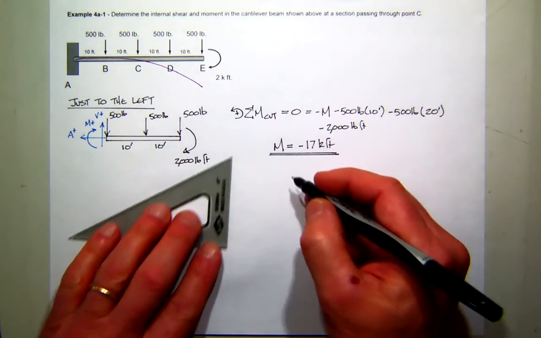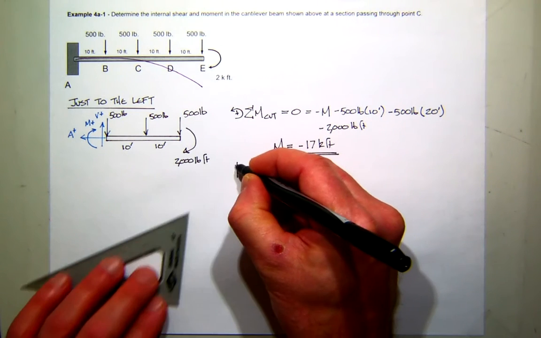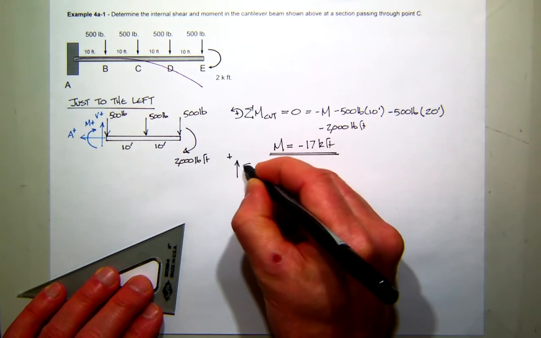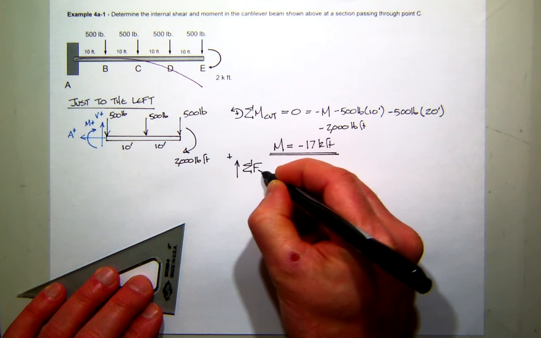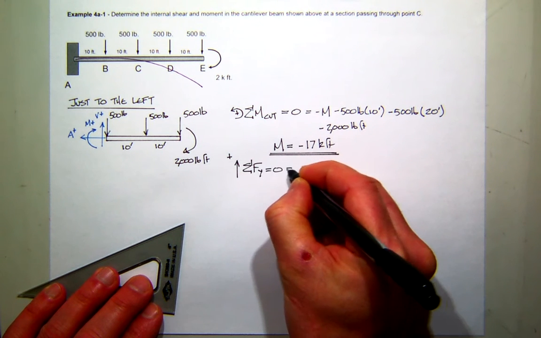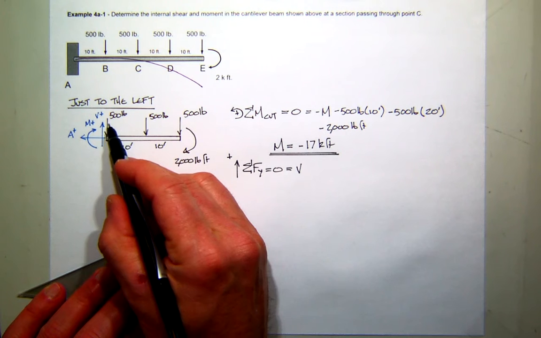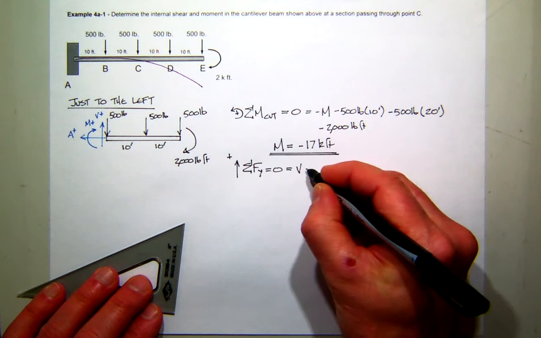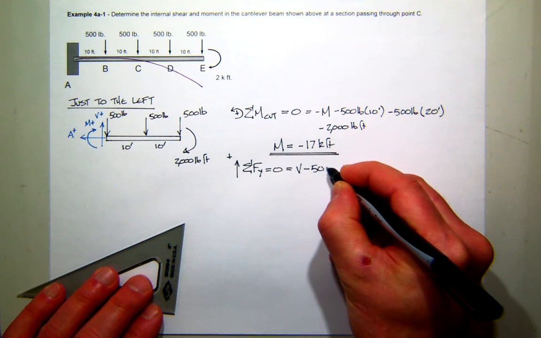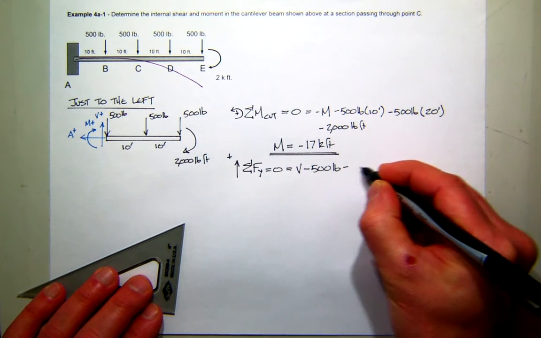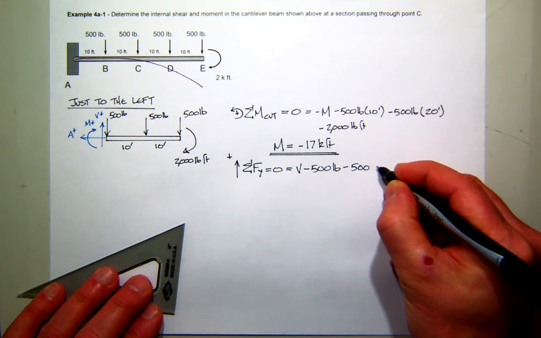So now I'm going to sum forces in the y direction. Assume up is positive. And what do I have? Well, I have my shear force up, and I have 1, 2, 3, 500-pound forces, and they are acting down. So I'll call those negative.